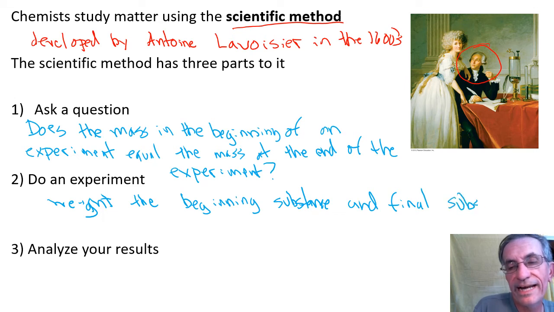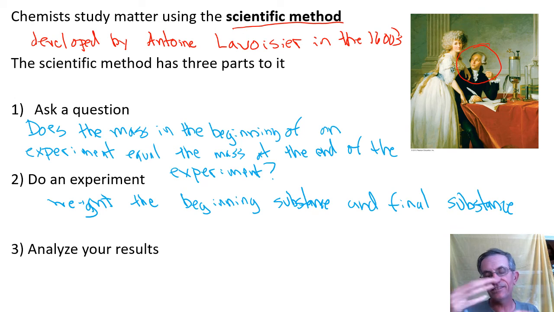So you would weigh that penny and that nitric acid that you use. You'd let the stuff react, turn into that blue liquid and that red gas. And when the reaction was done, you'd weigh it again, and you would see if the weights matched up, right? So your analysis would be trying to see if the weight stayed the same or did it change.